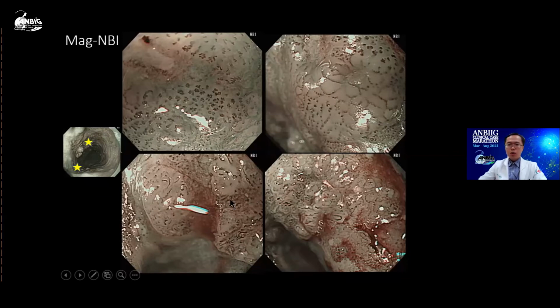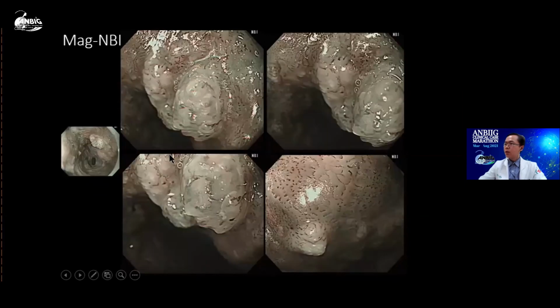In the lower two pictures, focusing on the uneven part, we can see some non-looping microvessels on the nodular surface. And when focusing on the large nodular part, we can see many non-looping microvessels with larger avascular areas.